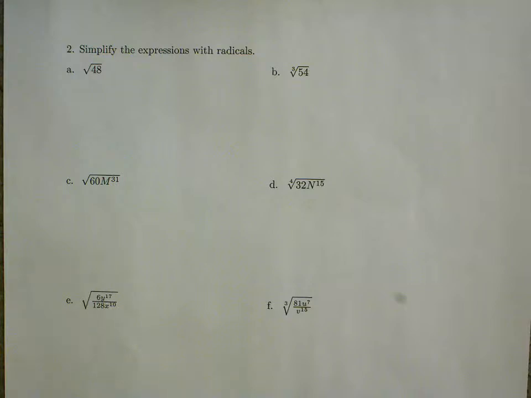So the largest factor of 48 that's a perfect square. 4 is a factor of 48, and 4 is a perfect square, but it's not the largest perfect square. 36 is a perfect square, but it's not a whole number factor of 48.